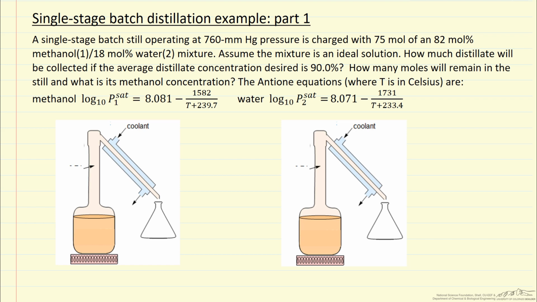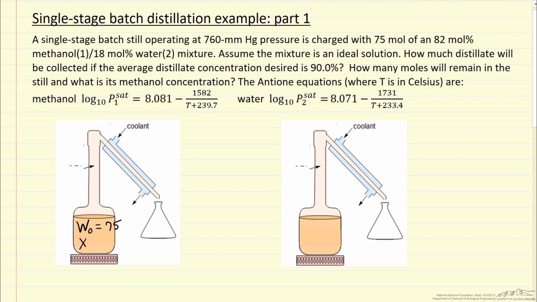And I've given the Antoine's equations for the two components. And let's look at the notation. So what we're starting out with is in the still, we'll use the term W for number of moles initially, and that's 75.